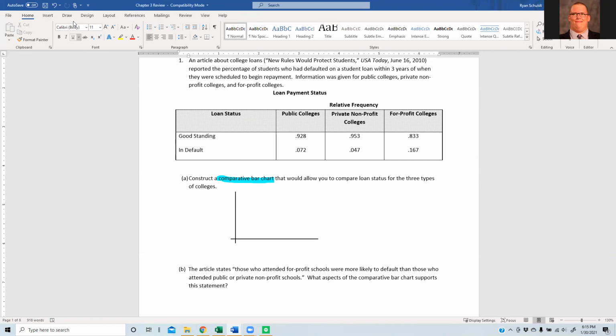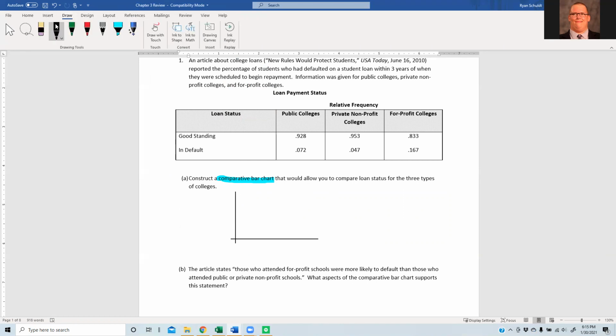Might help if I had a pen here. Type of college. I'm going to abbreviate these. For public college, I'm just going to say P. Private nonprofit, PNP.